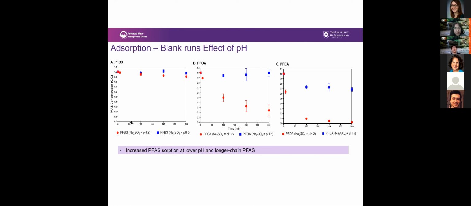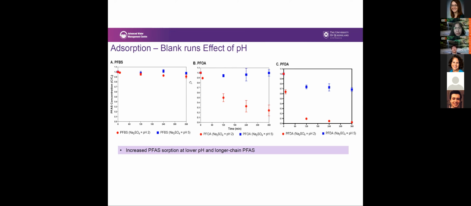Here you can see for the short chain PFAS, specifically for PFBS, the decrease in the concentration for the 2 pH conditions for the blank runs was not really that much. So it's still less than 10%.